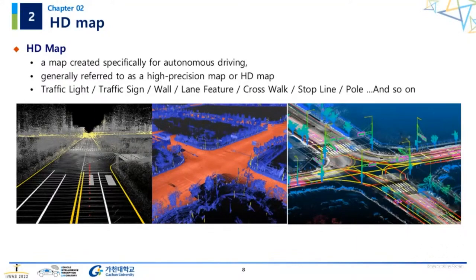In order to digitalize even information that humans can naturally acquire, maps are produced at a scale close to 1:1, because only then can the level of error in autonomous driving be reduced to less than 10 centimeters.